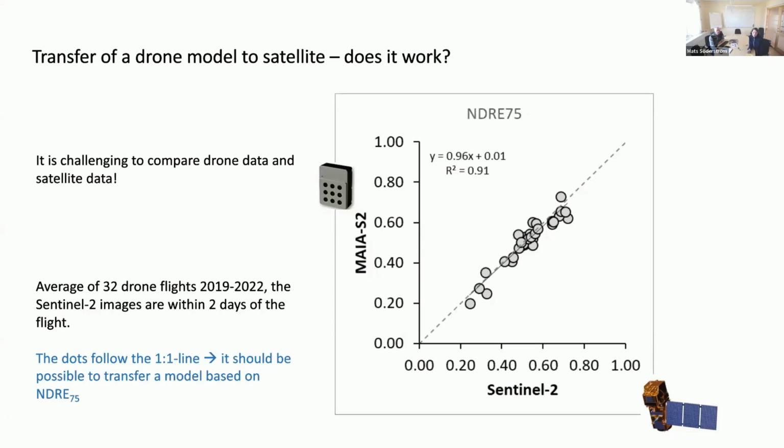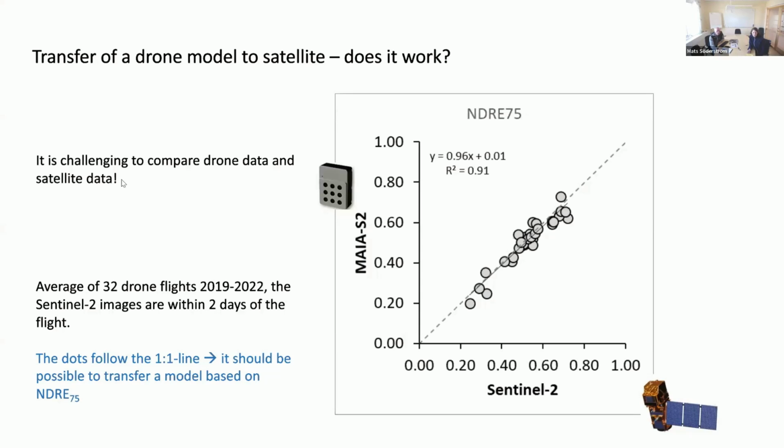So in that case, we must also know how the drone data that we collect is related to the satellite data. So we did some comparisons. It's actually quite difficult to make such a comparison, we found. And we have also seen in the literature, there are some examples, and sometimes they claim it doesn't work at all, and sometimes it works. And so it's a bit challenging.